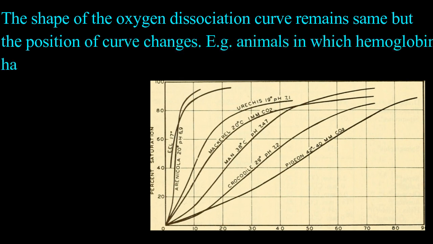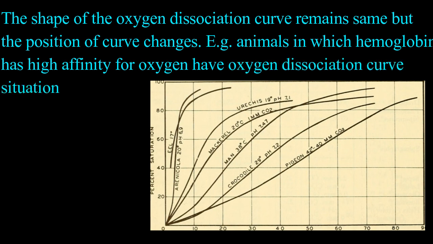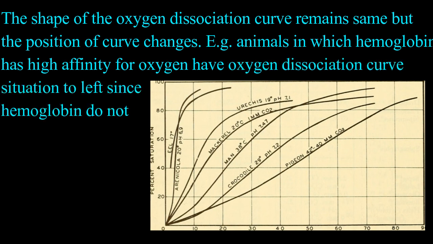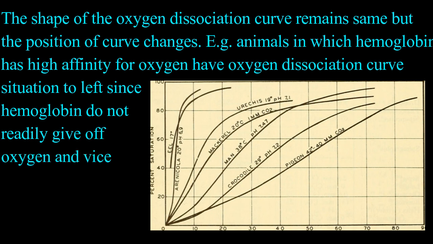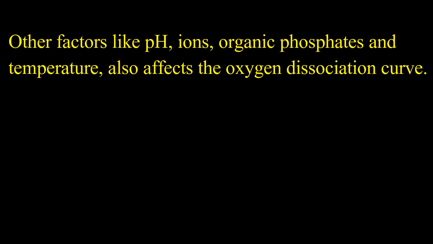For example, animals in which hemoglobin has high affinity for oxygen have the oxygen dissociation curve situated to the left, since hemoglobin does not readily give off oxygen, and vice versa. Other factors like pH, ions, organic phosphates, carbon dioxide, and temperature also affect the oxygen dissociation curve.